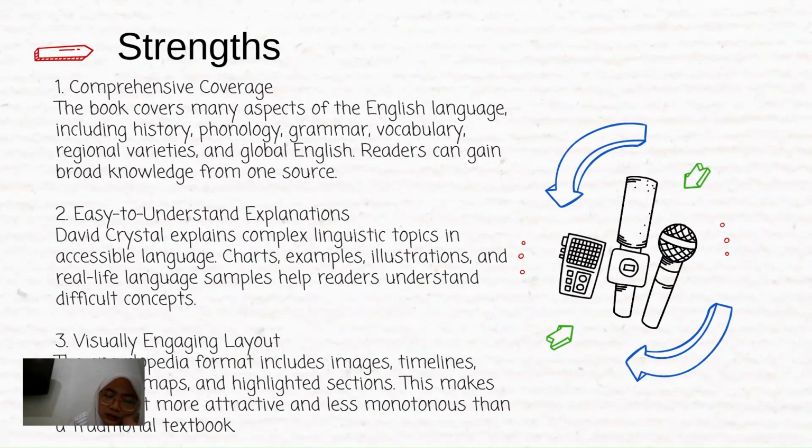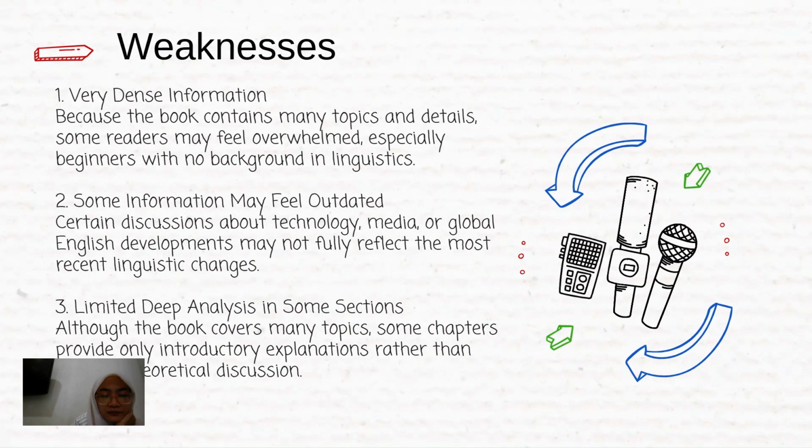When you open the book, it's interesting because it has a lot of diagrams and visuals inside it. And the encyclopedia format includes images, timelines, diagrams, maps, and highlighted sections. This makes the content more interactive and less monotonous than a traditional textbook. And the book provides maps usually at the end of the chapters, explaining about the history.